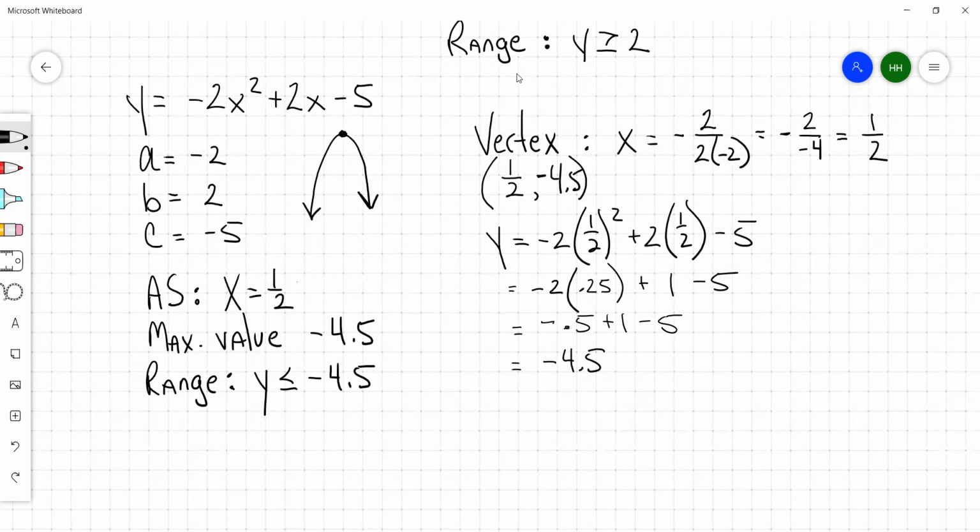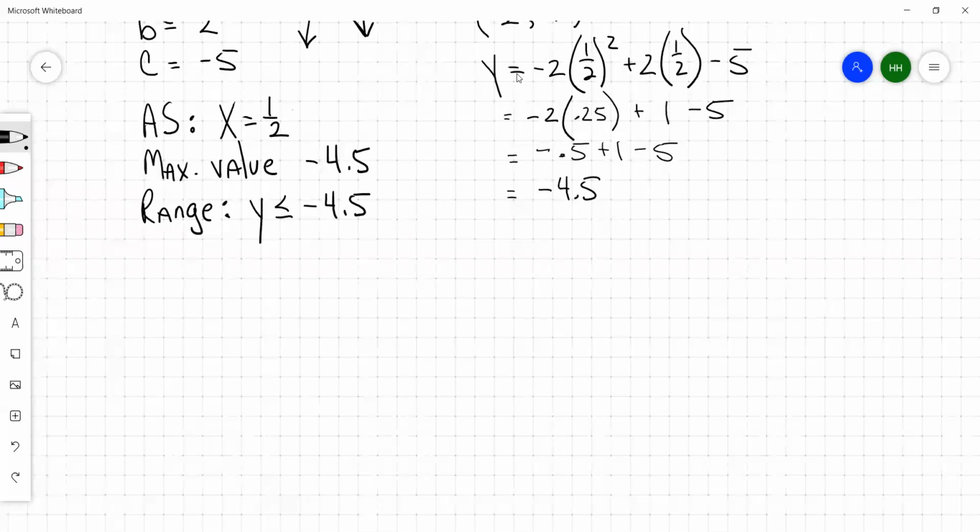I want to show you, if you were given this equation, and you have to identify your A, your B, and your C. All right, in this form, your A is what's between the equal sign and the x squared.